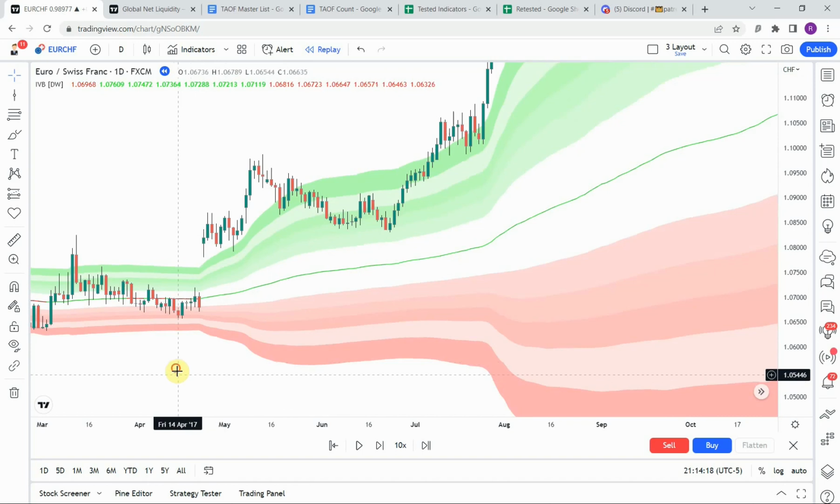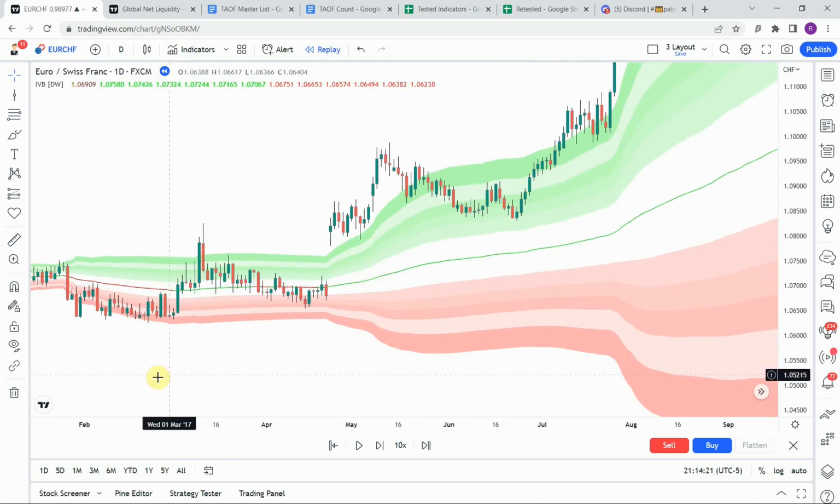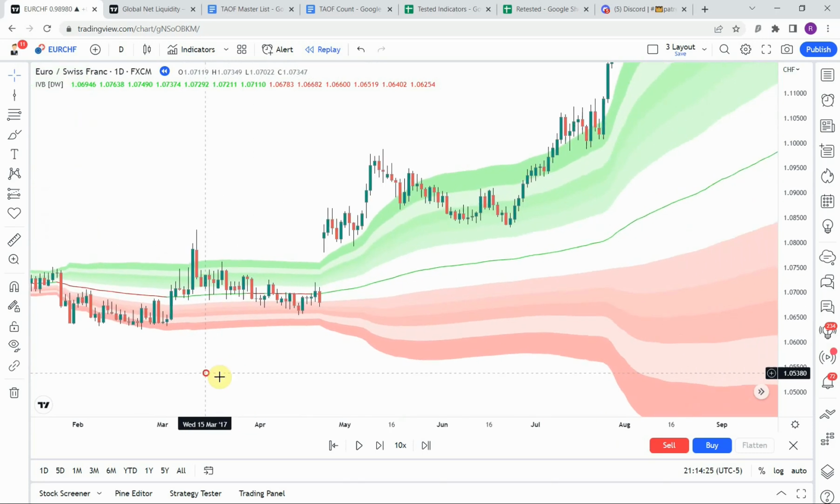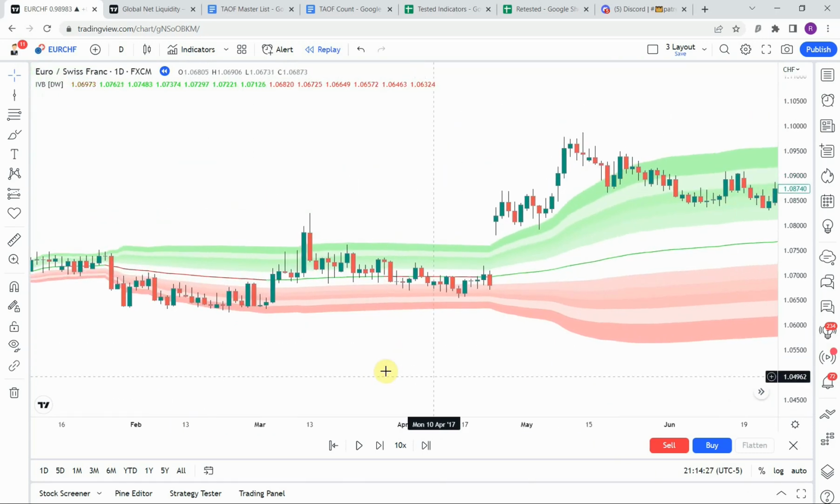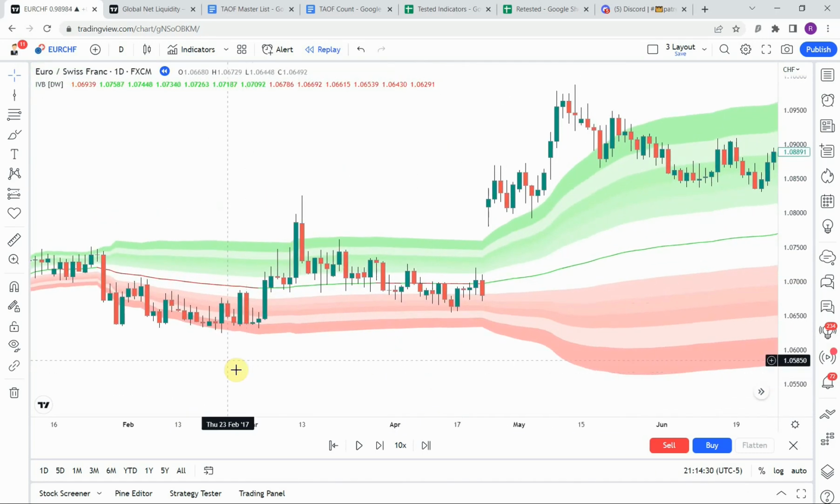So turning off these middle bands here gives us a little bit of buffer room, and we again turned off the bar coloration. So now what we're looking for is when price breaks into the green zone here above, and closes into this green zone, that's going to be a signal to go long.